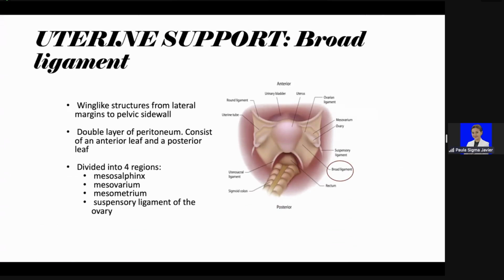The most important support of the uterus is your broad ligament. It encompasses the whole thing and also includes the ovaries and the fallopian tubes. It is a wing-like structure from the lateral margins to the pelvic side wall.